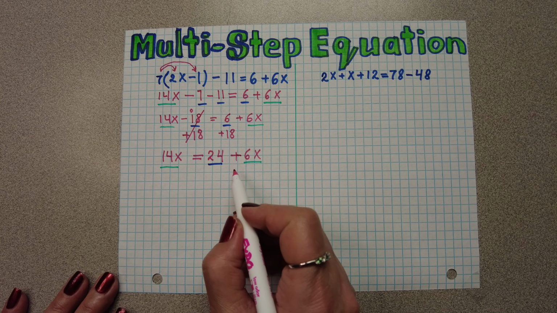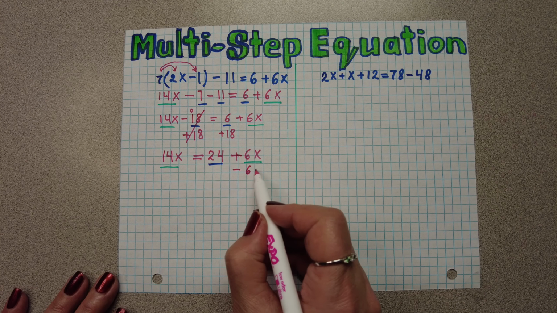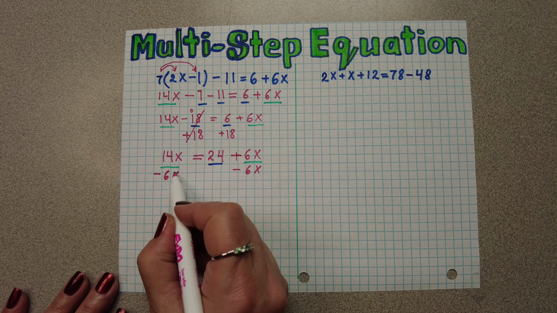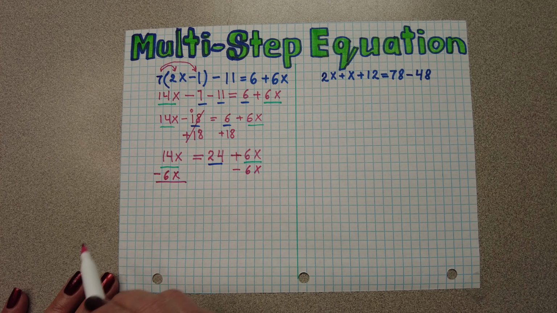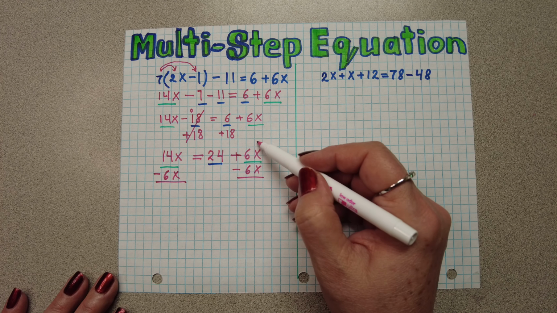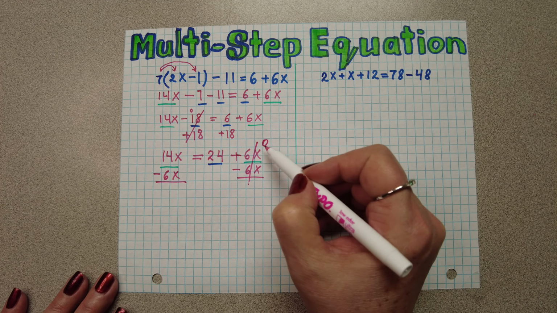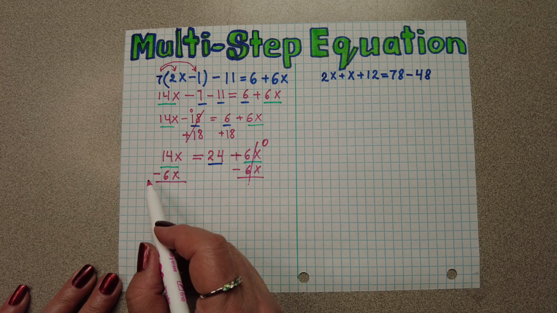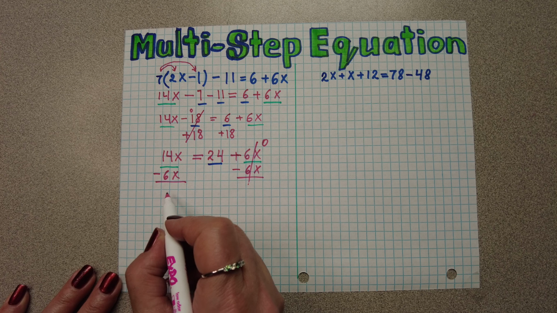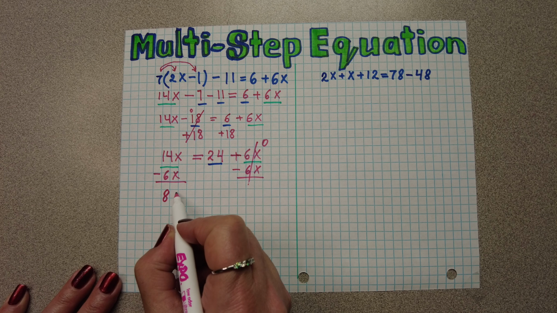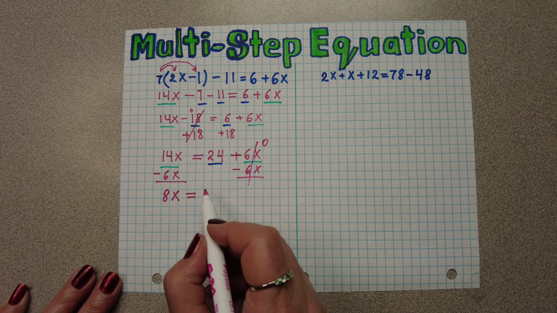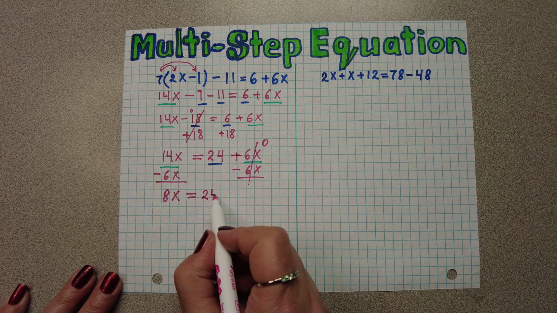We're gonna do the opposite, minus 6x on both sides, to keep the balance. 6x minus 6x will be 0. 14x minus 6x will be 8x, equals what we have on the right side, 24.